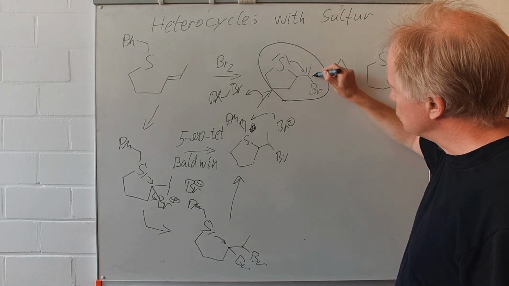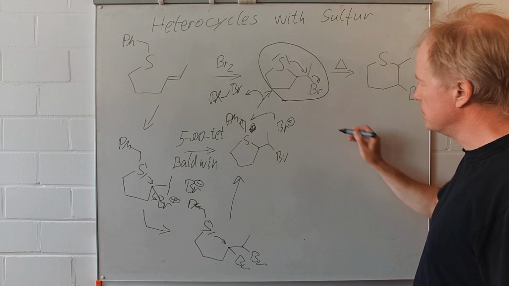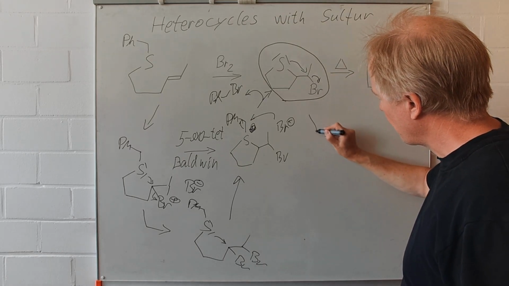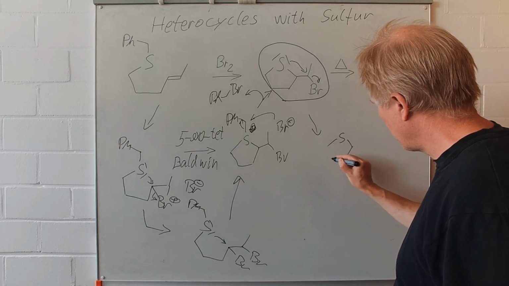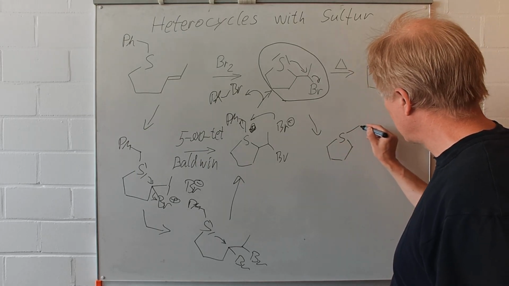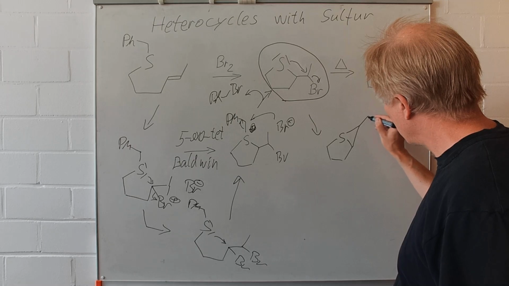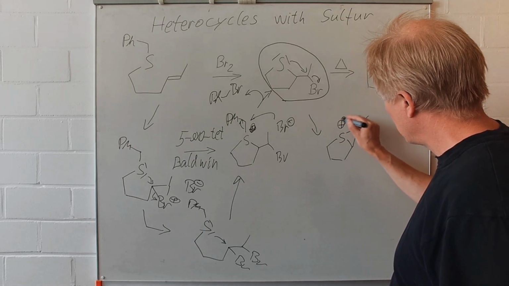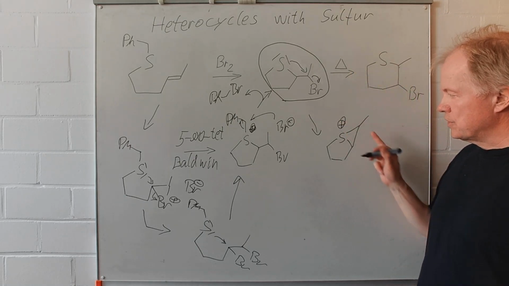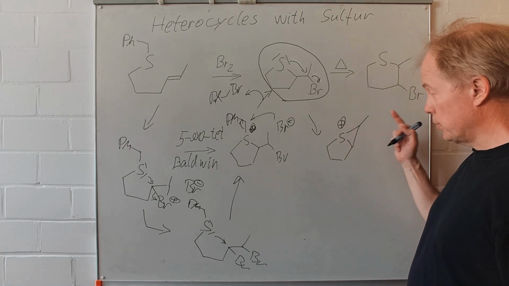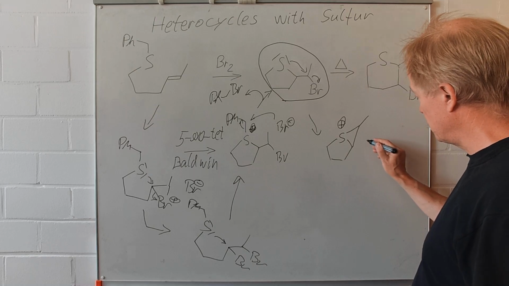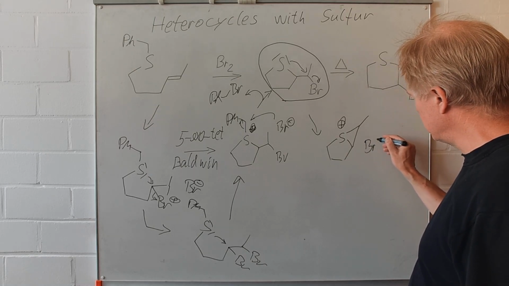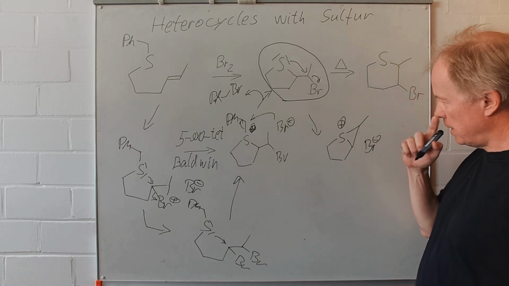Sulfur as the nucleophile, bromide as the leaving group. Sulfur, the center of 3 bonds, therefore the center of the positive charge. We have the bromide anion.